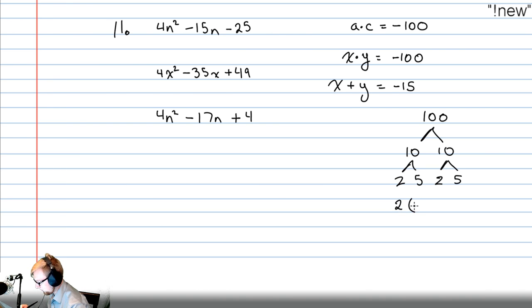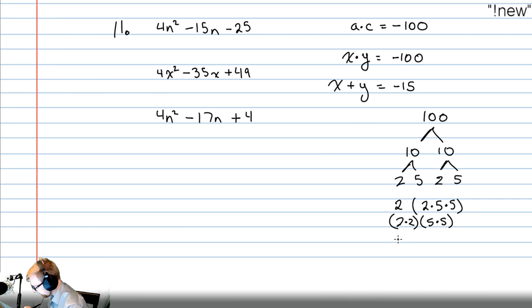Say that again, I missed that. 2, and then 2 times 5 times 5 in parentheses. Next one: 2 times 2 outside the parentheses, and inside is 5 times 5.